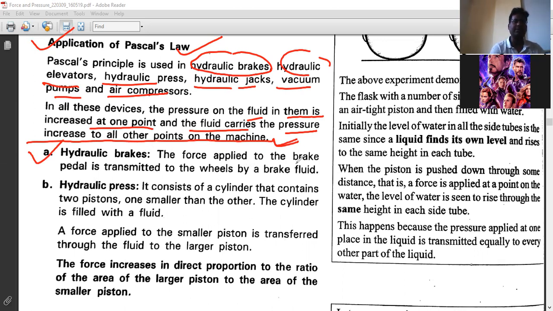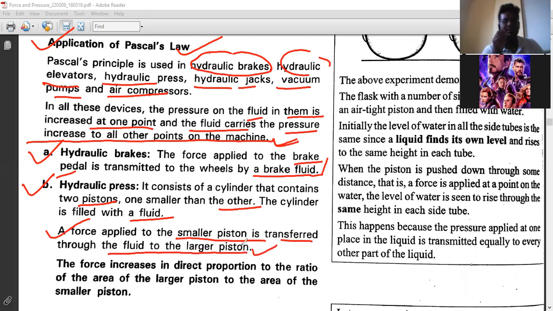The force applied to the brake pedal is transmitted to the wheel by the brake fluid. Next one is hydraulic press. It consists of a cylinder that contains two pistons, one smaller than the other. The cylinder is filled with fluid. The force applied to the smaller piston is transmitted through the liquid to the larger piston, right?